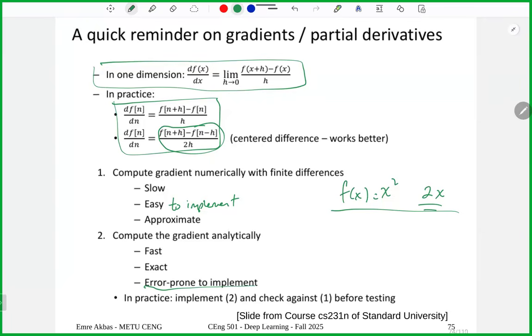So you find the analytical derivatives of each computational block and then combine them in the proper way. Then you don't have to do this for the whole thing, right? In practice, if you are implementing a loss function yourself, you can do the second way and then implement the first way, which is easy, and check whether they are in accordance.